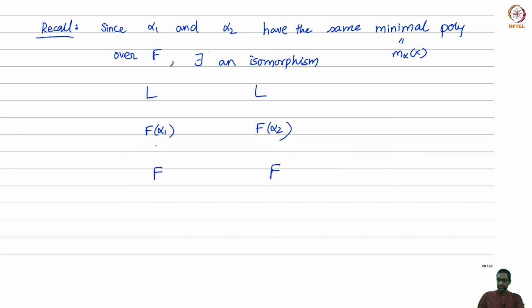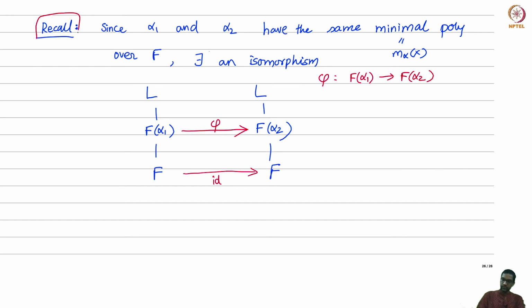We'll bring K back into the picture afterwards, but for now just look at F alpha 1 and F alpha 2. What we know is that there is an isomorphism between F alpha 1 and F alpha 2 which is identity on F. So there is an F-isomorphism. Let's call this map phi. There exists an isomorphism phi from F alpha 1 to F alpha 2. So recall this statement from the initial discussion on adjunction and so on.